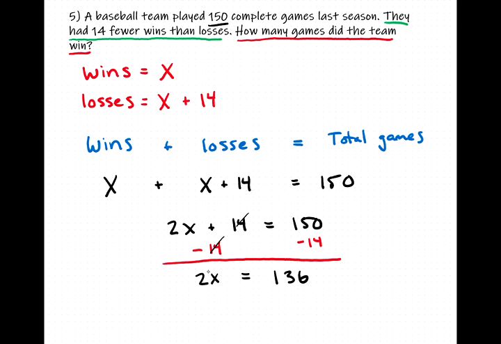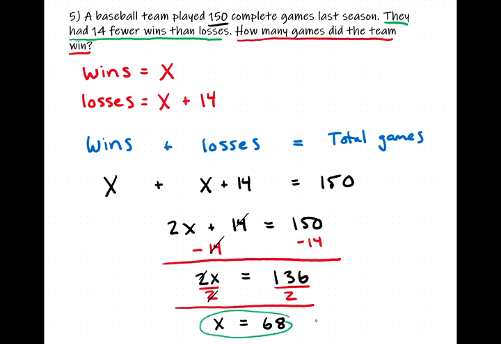Now we're just left with the times 2 we need to eliminate. So the opposite of times 2 is divide by 2. Let's divide both sides of the equation by 2. So on the right, we have 136 divided by 2. On the left, we have 2X divided by 2. So the times 2 divided by 2, they cancel. And we have X is equal to 136 divided by 2, which is 68.